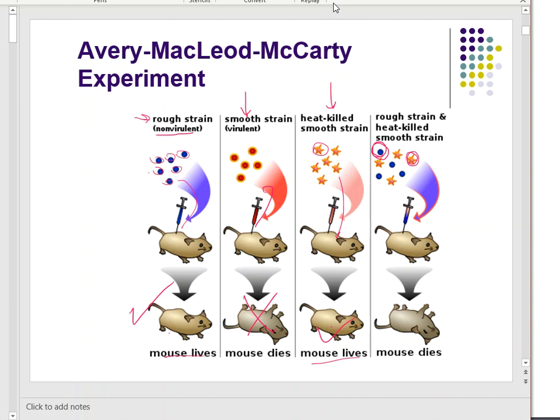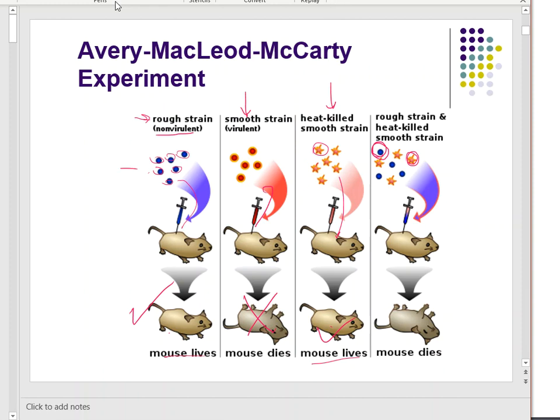Wait a minute here. We had two dead viruses. One was dead, or non-virulent, not quite dead, just didn't carry a virus. And then the other one was heat-killed, which did carry the virus. Oh, so that's what that means.